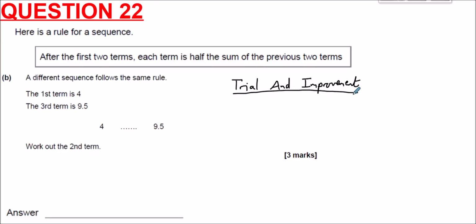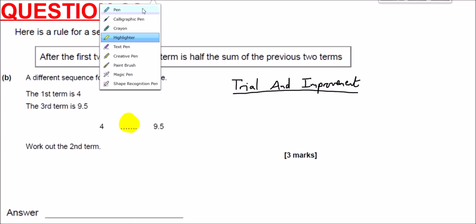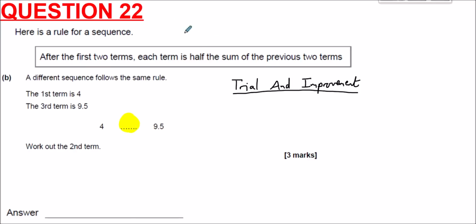Just to give you a few more strategies to cope with if you were to not be sure what to do in the exam. So we don't have a clue right now what that second term is. I'm going to show you a way to be more direct after, but just bear with me. So let's have a guess. Maybe that one could be 2.